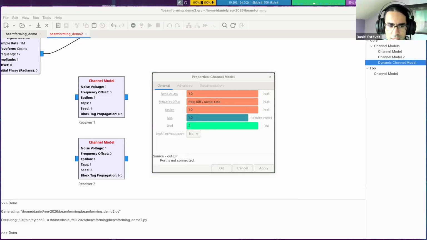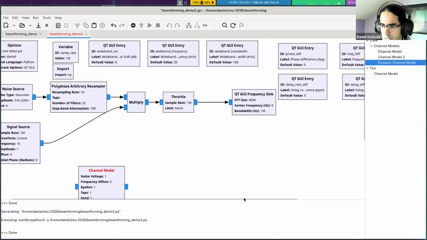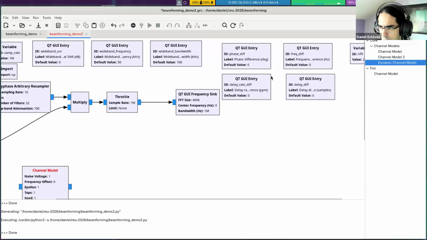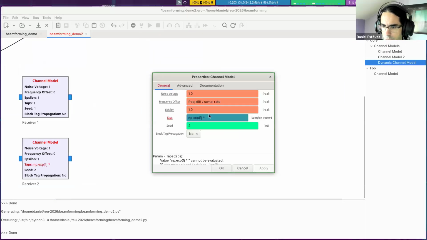Then the other thing which is quite easy is how to set the phase difference here in the taps. I already hinted at that earlier. So we have an exponential, and then we have the phase difference in degrees. I think, where is that? Yes, it's supposed to be in degrees because here is what it says. And the name of the variable is phase difference.